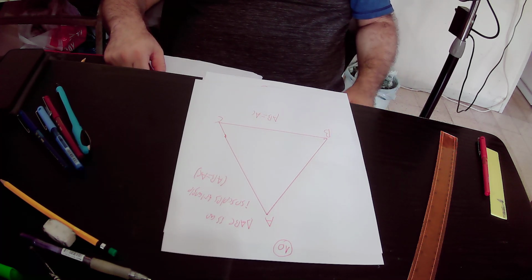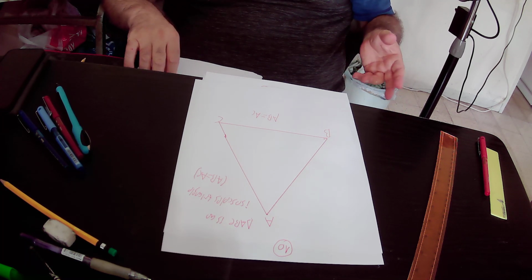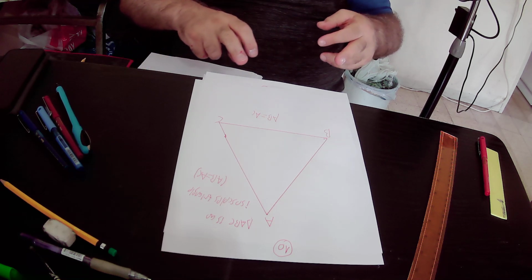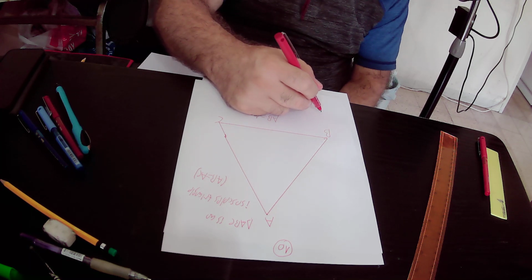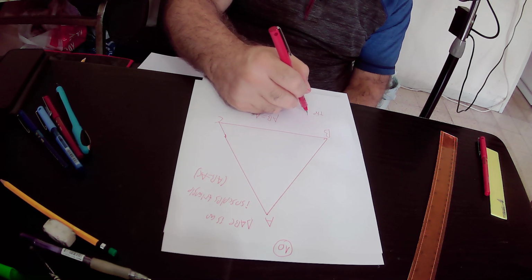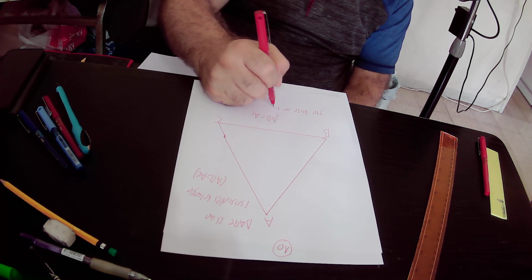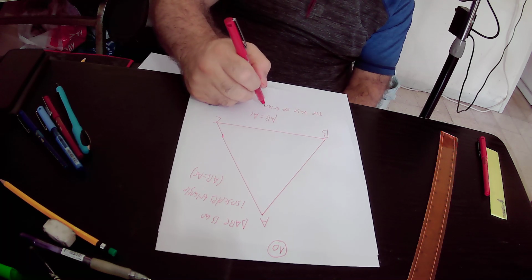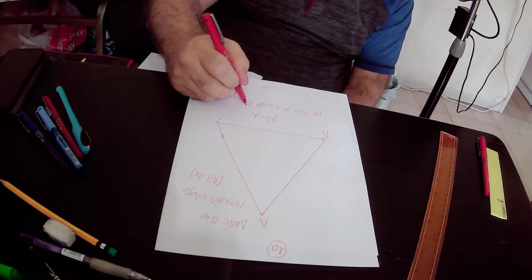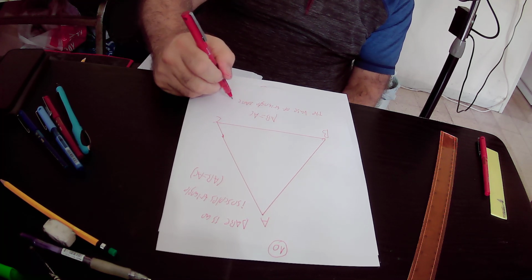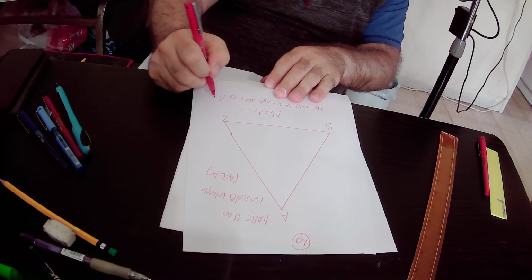The base of triangle ABC is BC. The base of the isosceles triangle ABC is side BC.